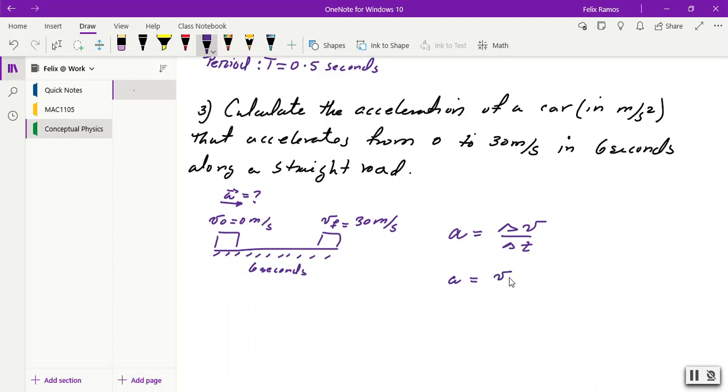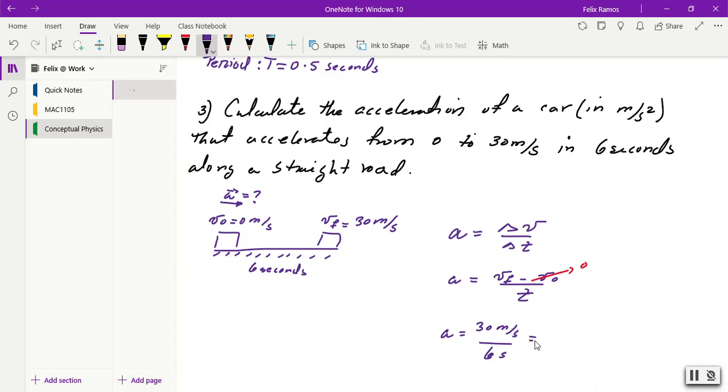So acceleration is the final velocity minus the initial velocity over the time. The initial velocity here is 0. So we're going to have that the acceleration is 30 meters per second divided by the time, which is 6 seconds, right?